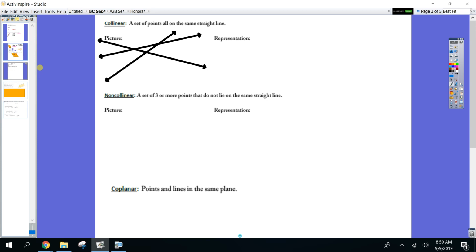All right. Collinear are points on the same line. So what I did here is I got 3 lines that intersect here. I got 2, and then I brought this third one here. And we're going to put a bunch of points on this line.